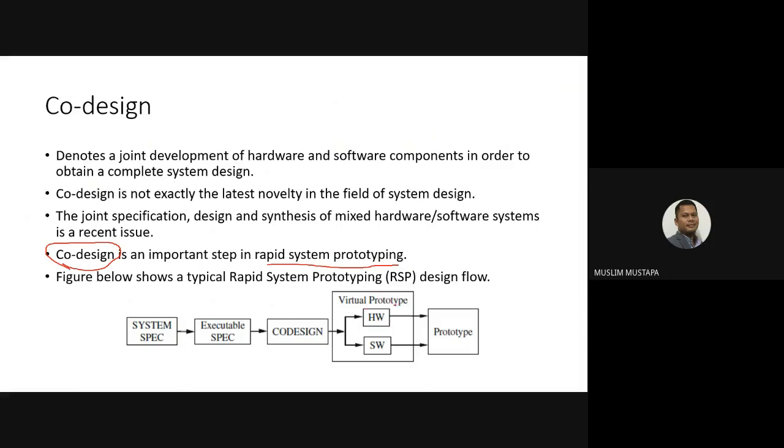So you need to have the hardware, software, then of course you need to have the virtual prototype. Virtual prototype means that it's more on the simulation part, that's why you call it virtual. Then finally it goes into the hardware prototype, where you can really test the timing, the functionality and a lot of things.